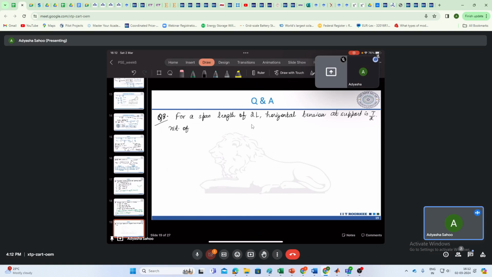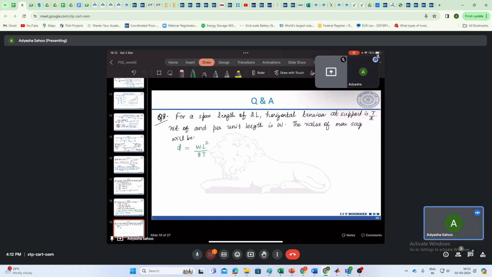Weight of conductor per unit length is W. The value of maximum sag will be, so we know that D is WL square by 8T.